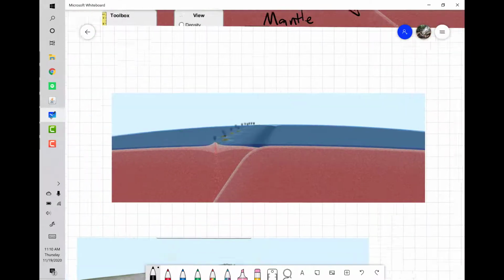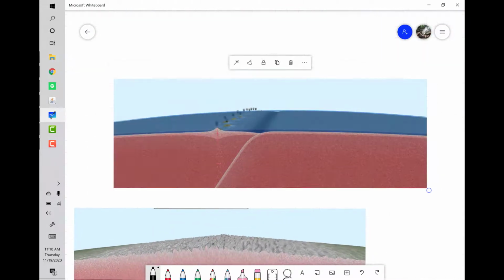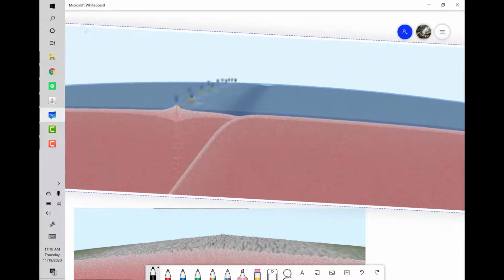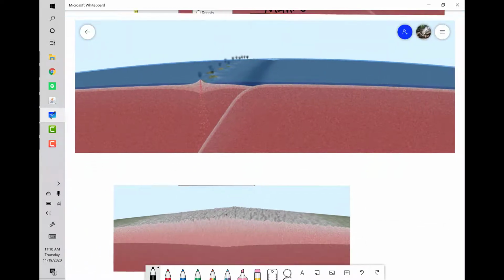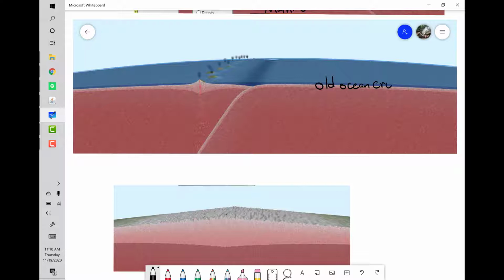So let's diagram out this one. All right. Again, we have ocean crust. In this case, this was the older ocean crust in the simulation. And the young ocean crust.